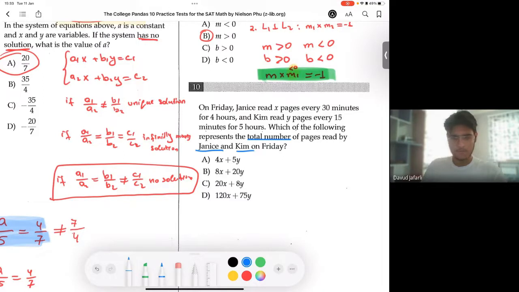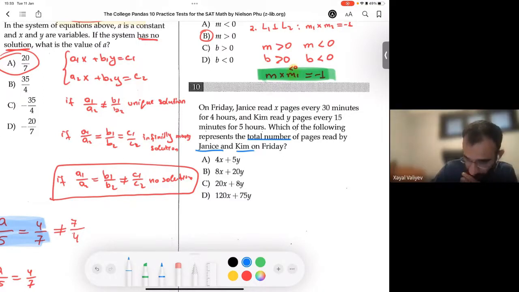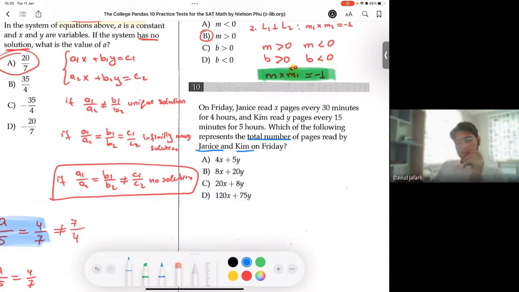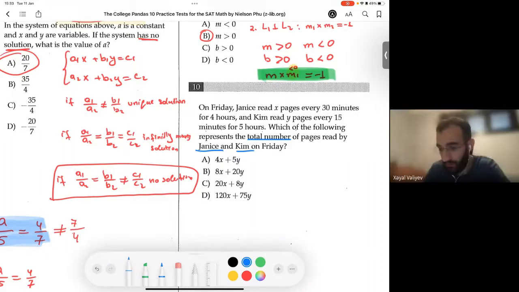It's not D. Otherwise, they said total number of pages, because this is the information about how many pages they read in 30 minutes and for 4 hours. If x pages for 30 minutes, which is half an hour, 0.5, how many pages will be for the 4 hours?